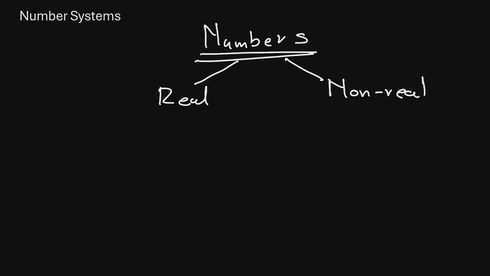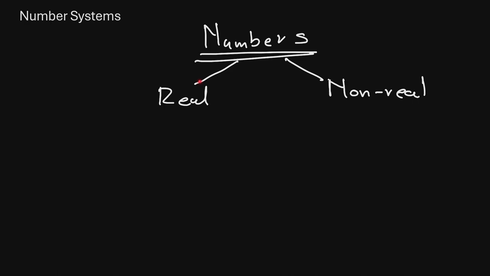So now, when we talk about real numbers, we talk about numbers that when you put them in your calculator, they are defined. So they give you a certain value. So that will be real numbers. They are numbers that exist in a calculator.